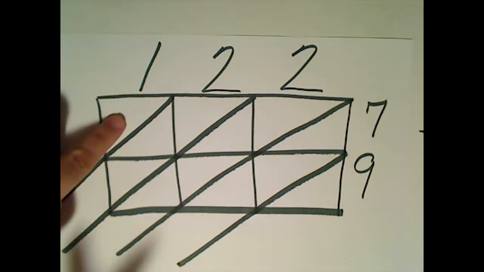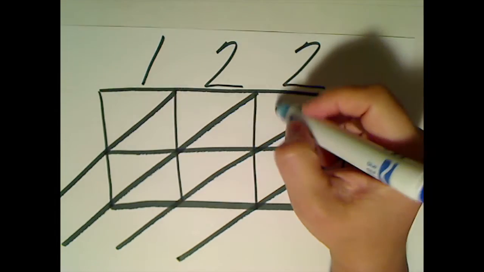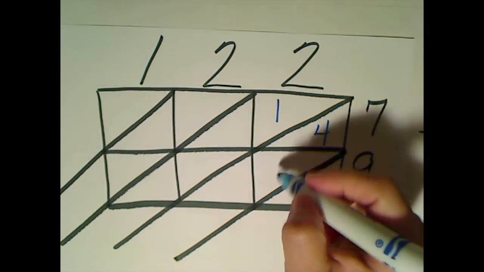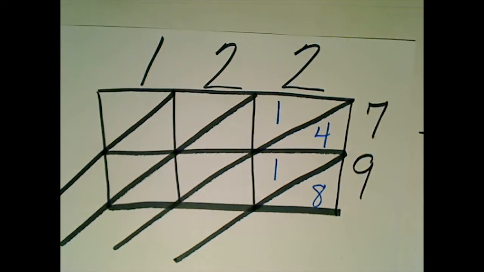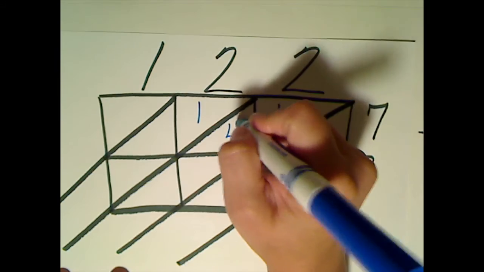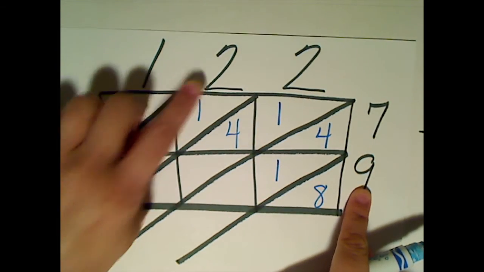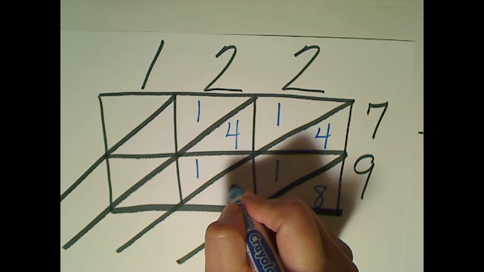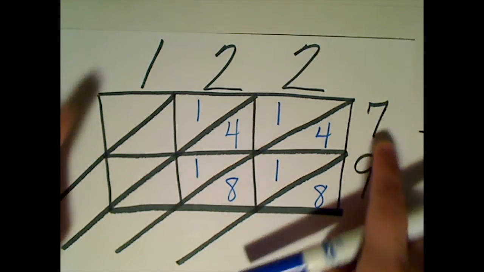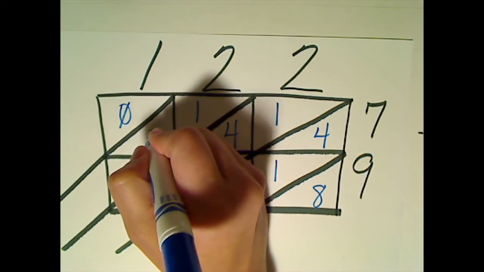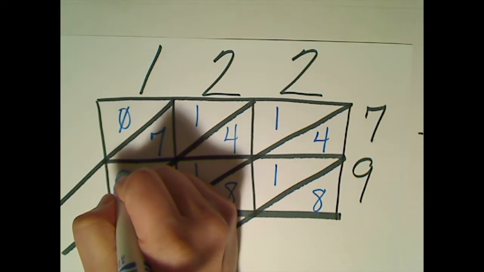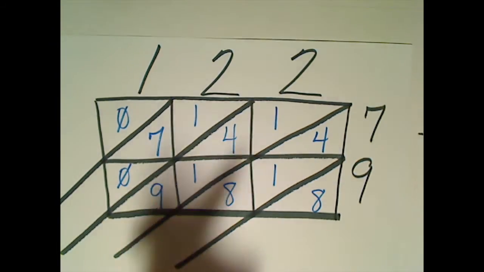Also remember, tens, ones. 2 times 7, 1 tens, 4 ones. 2 times 9 is 18, 1 tens, 8 ones. Same thing, 7 times 2 is 14, 1 ten, 4 ones. 2 times 9 is 18, 1 tens, 8 ones. 1 times 7 is 7, 0 tens, 7 ones. 1 times 9 is 9, 0 tens, 9 ones.